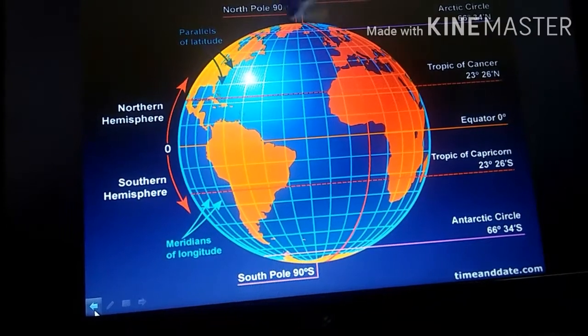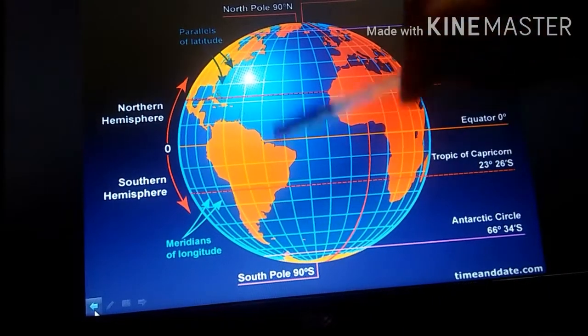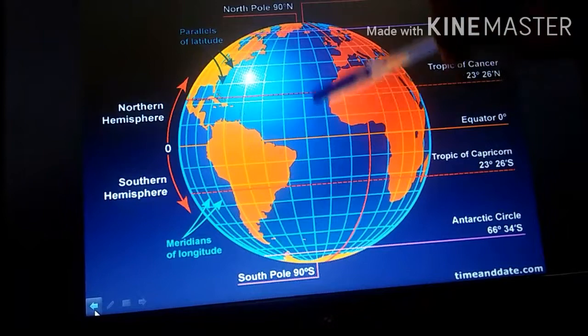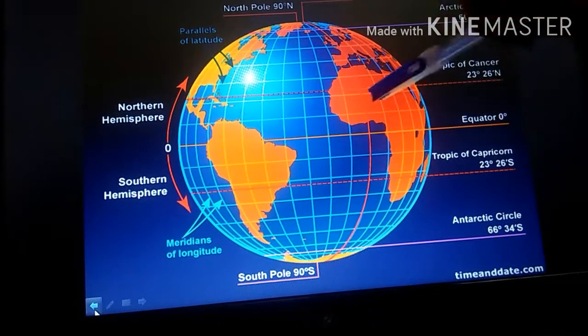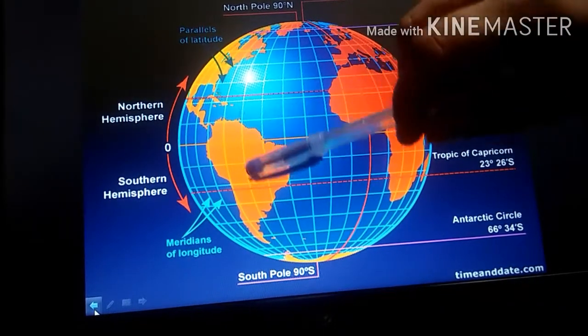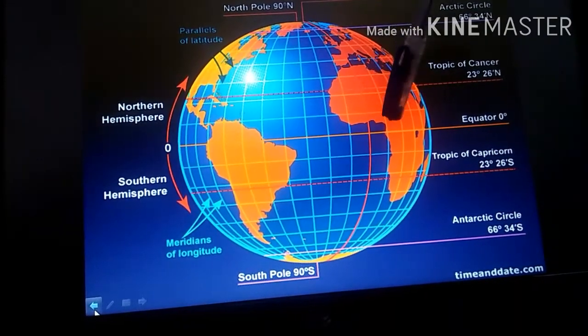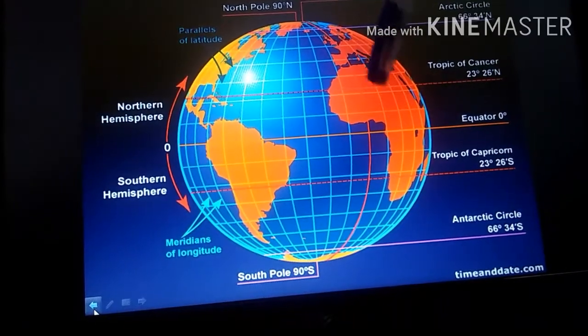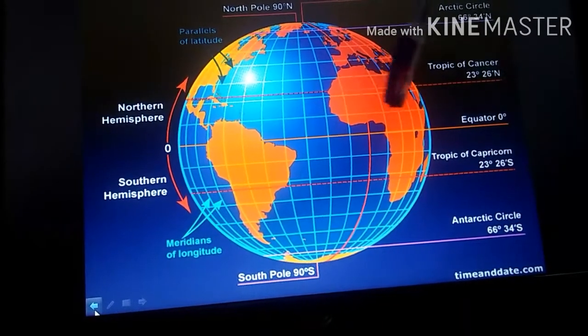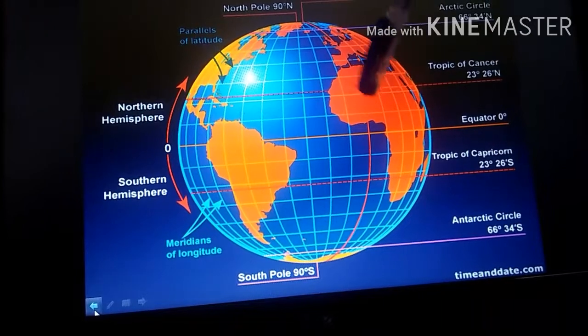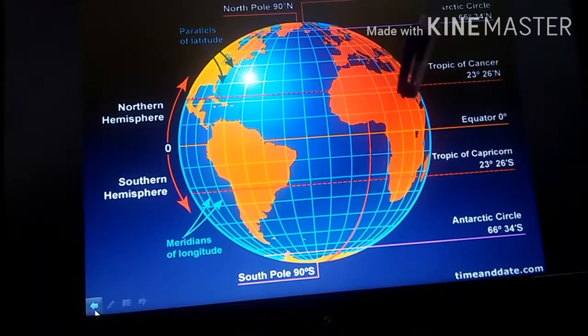Therefore these imaginary lines are drawn in order to locate different places of the earth. Suppose your friend lives in this part, so you should know the latitude and the longitude of that place. Then you come to know exactly the direction of that place, and you can move accordingly.